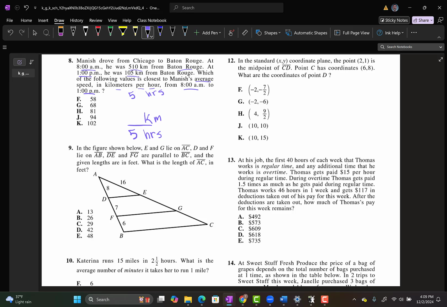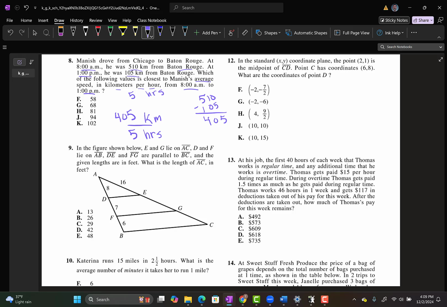Well, he was 510 kilometers from Baton Rouge at 8 a.m. and 105 from Baton Rouge at 1 p.m. So 510 minus 105, what is that, 405? So he went 405 kilometers per 5 hours.